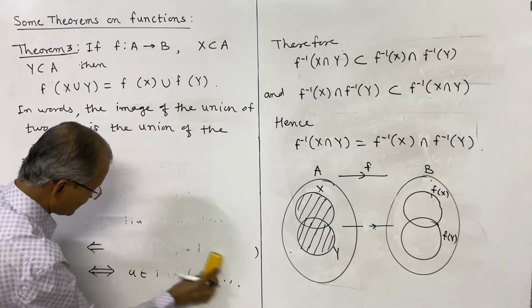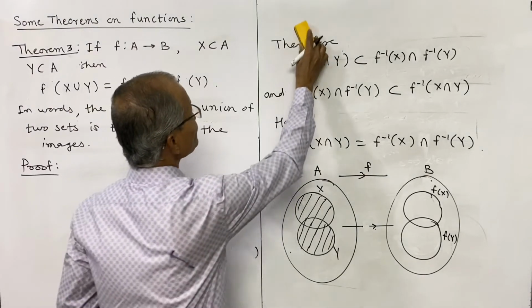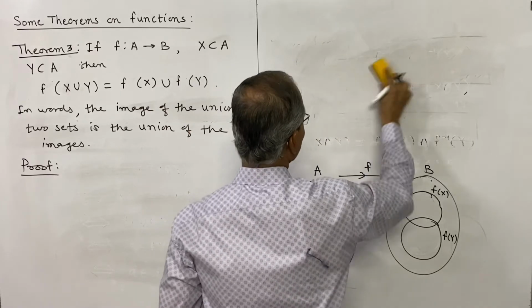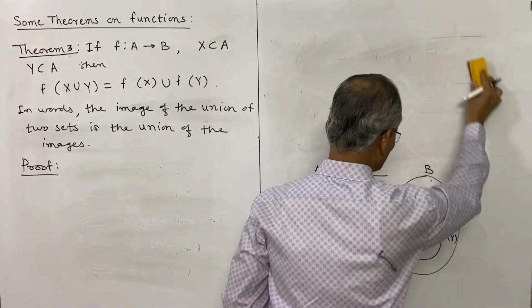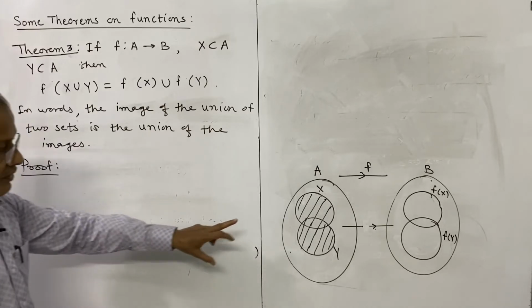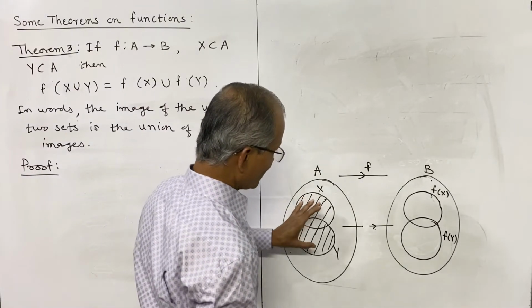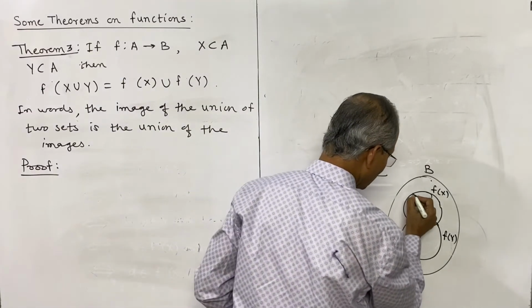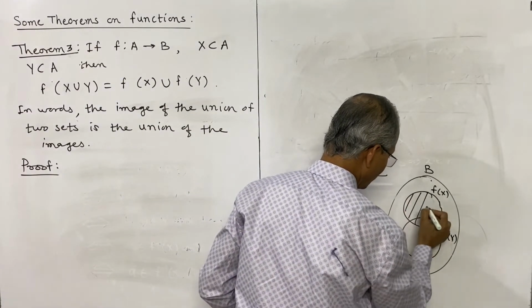So that means this set, this is f union of these two sets. F of x union y will be union of f of x and f of y.